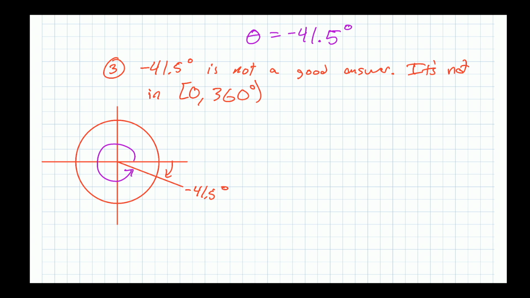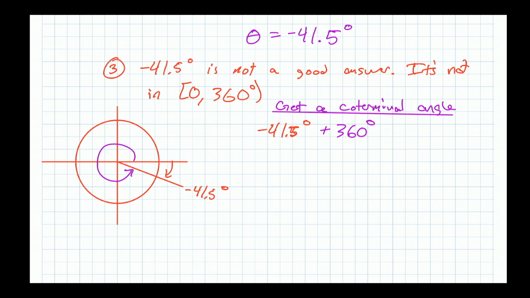That's the same angle. So what you do is if you just take this negative 41.5 degrees, and all we're going to do is add 360 degrees to it to get a coterminal angle. Just by adding 360. So what's negative 41.5 plus 360?